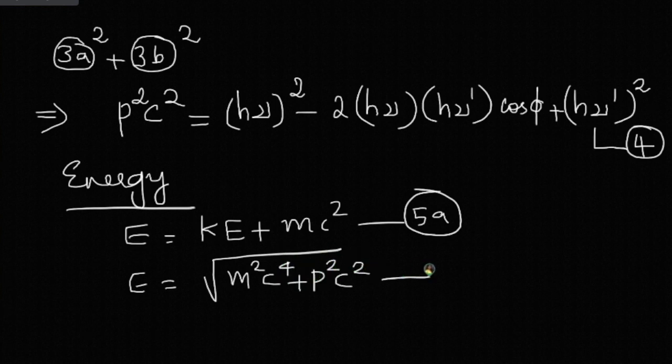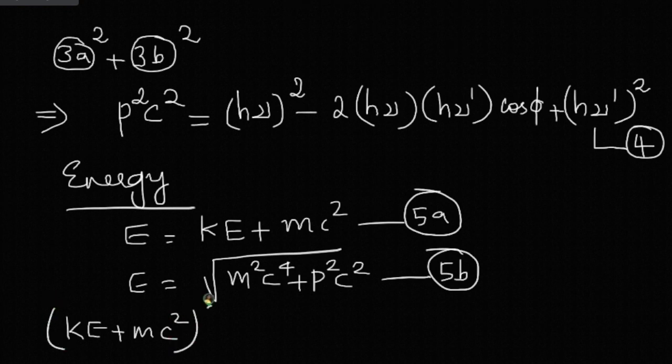Let this be 5b. Now equating the two, we get kinetic energy plus mc square the whole square, where I have also squared the expression, equal to m square c raised to 4 plus p square c square.